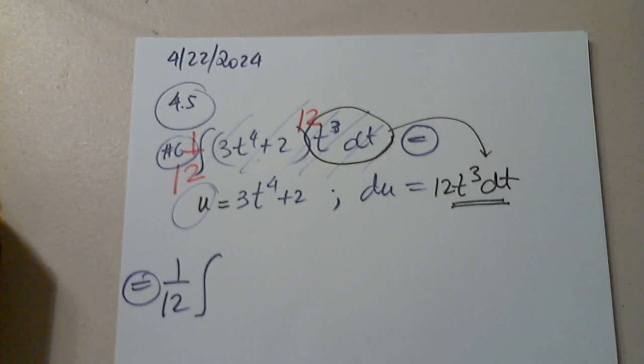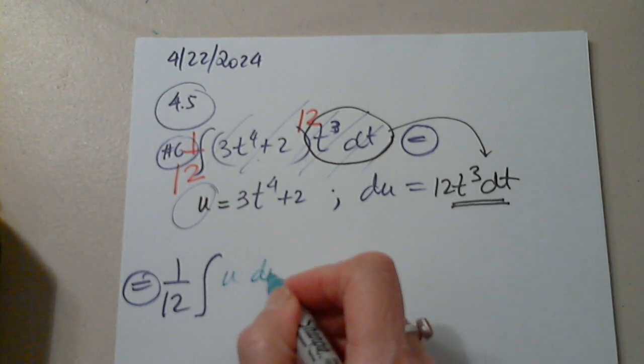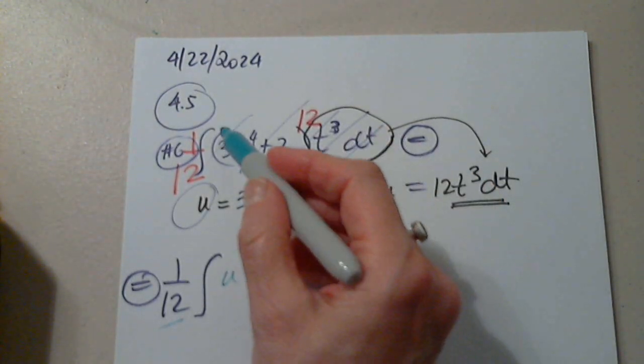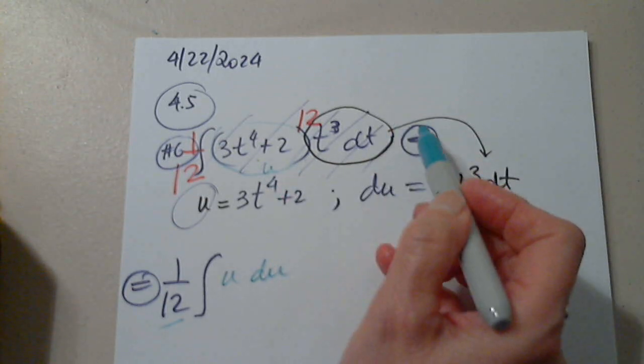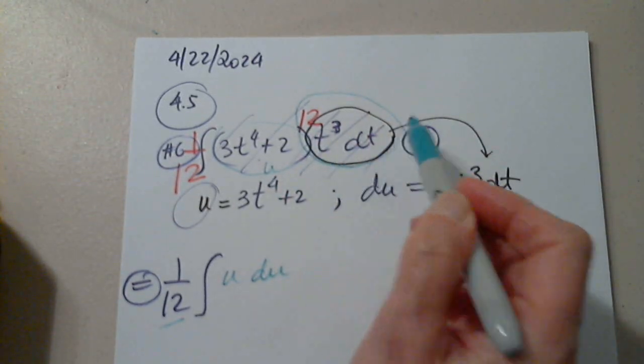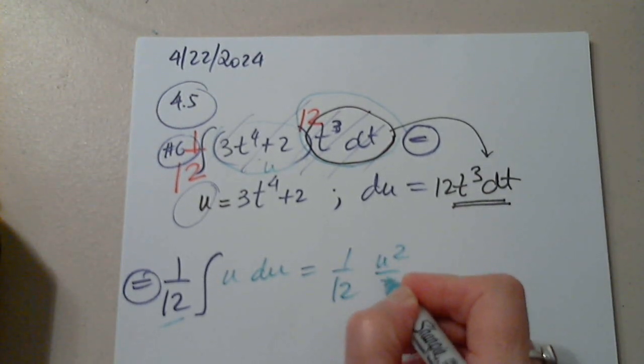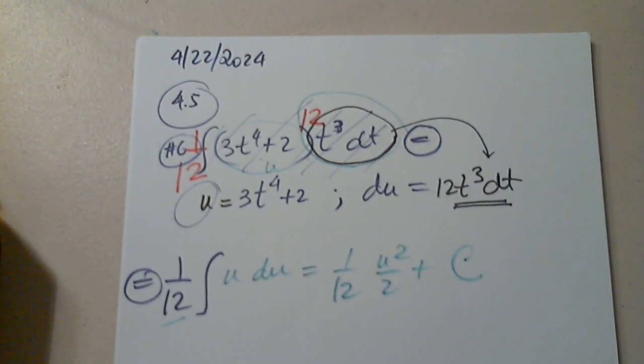Please, anyone? Is it u times du over 12? We already have the 12 outside. Indeed. So this portion is u, this portion is du. And that's it. 1 over 12, u squared over 2 plus a constant c.